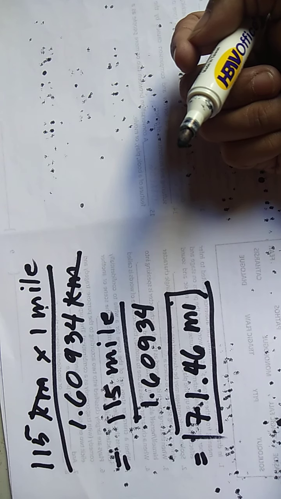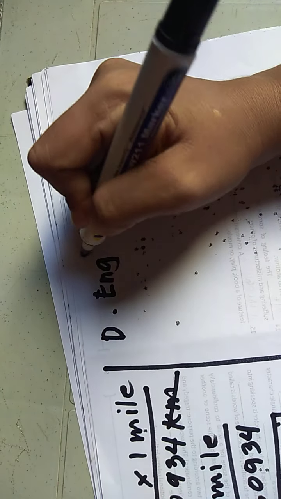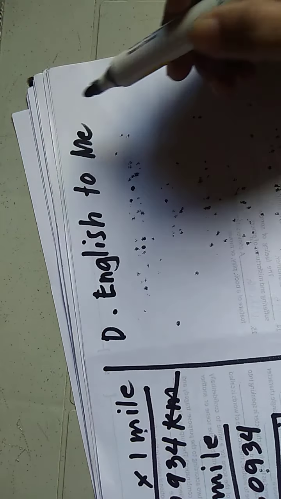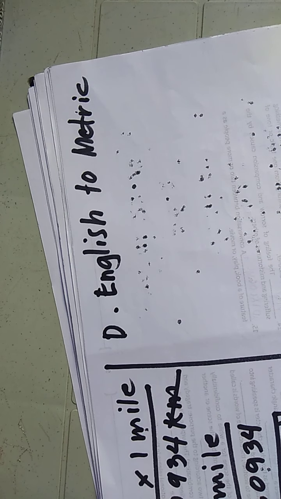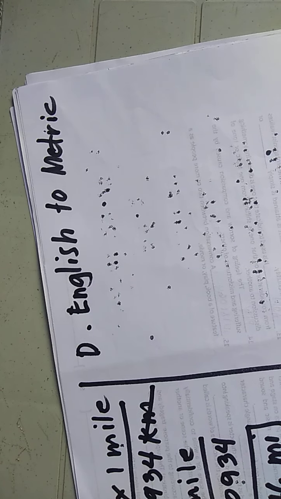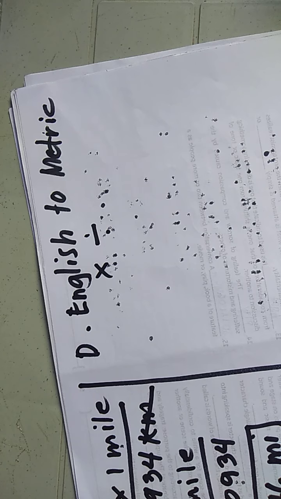Okay? Now, let us proceed now with letter D, and that is converting English to metric. Yan po yung letter D natin. Okay? So, dito po, ang gagamitin din nating operation will be multiplication and division.